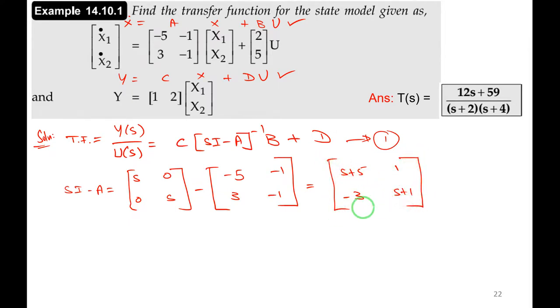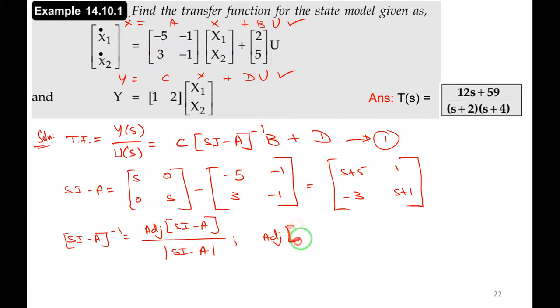If I am making mistakes, don't wait, please correct me immediately, right? Next, I want (SI minus A) whole inverse. How to get (SI minus A) whole inverse? It is the adjoint of the matrix SI minus A divided by the determinant of the matrix SI minus A. So first we'll find out the adjoint.